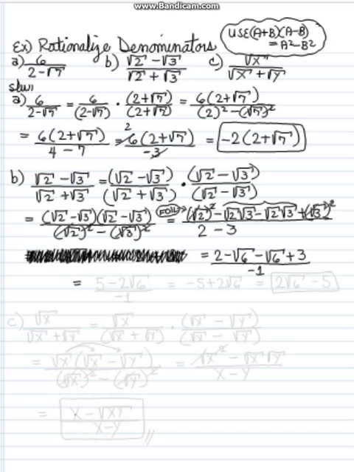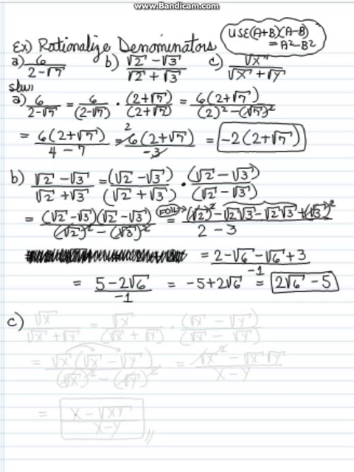So that simplifies to 5 minus 2 square root of 6 over negative 1. Bring the negative 1 upstairs and distribute it. Negative 5 plus 2 square root of 6. And I'll put the positive term in the front, 2 square root of 6 minus 5.